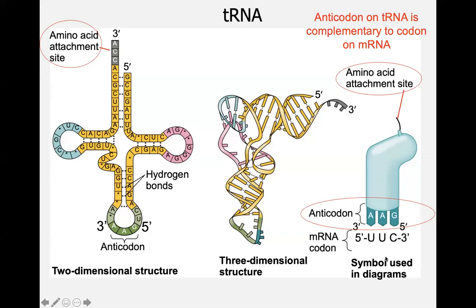Each of these tRNAs has 3 letters for each anticodon, and those are the only 3 letters we really care about in this whole tRNA molecule. Like I said, there's a bunch of others we can see, but we don't care about any other than these bottom 3. Okay, I think that's the main important parts of the tRNA.